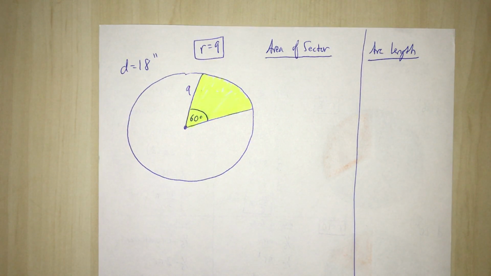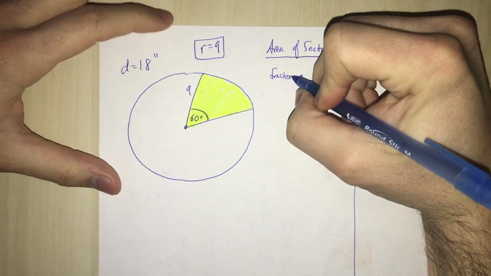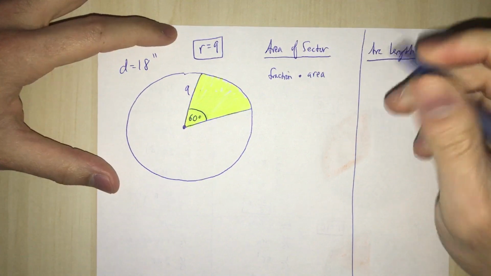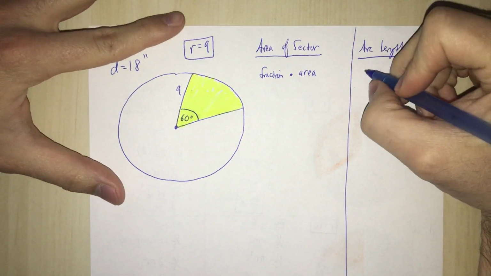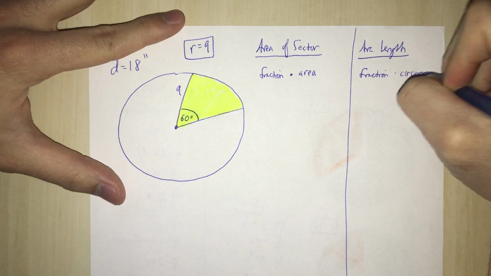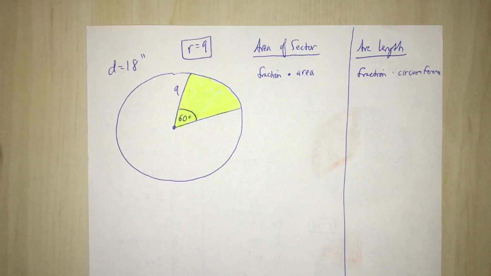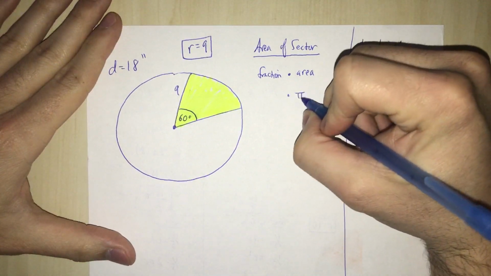That's it, though. So in this case, we're still doing a fraction of the total area for area of sector and a fraction of the circumference. Okay, it's the same idea. But in this case, you have to think a little bit harder about how you're going to find the fraction, okay? Because we know this is pi r squared.